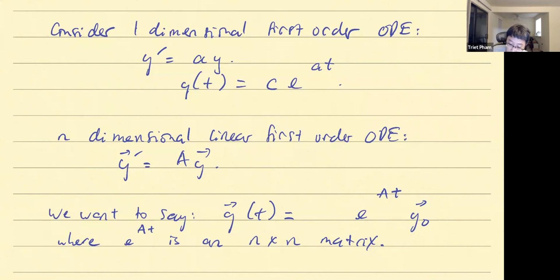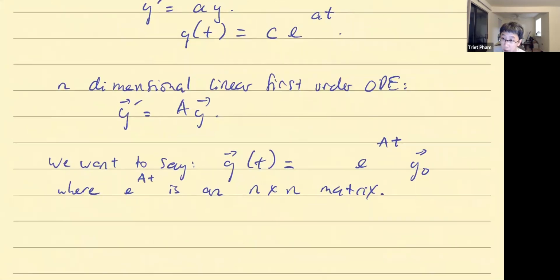The approach here is very mathematical and has the advantage of conceptually being very appealing, and is very similar to the one-dimensional case. But the drawback, of course, is that in practical use, we don't necessarily compute things this way. But first, I want to discuss what this is all about and do some examples, and then draw the comparisons with the techniques that we have talked about so far.